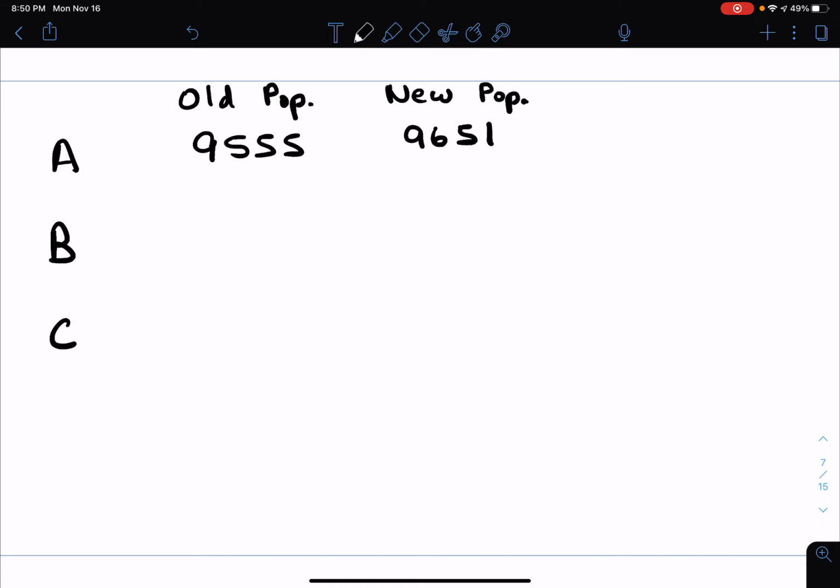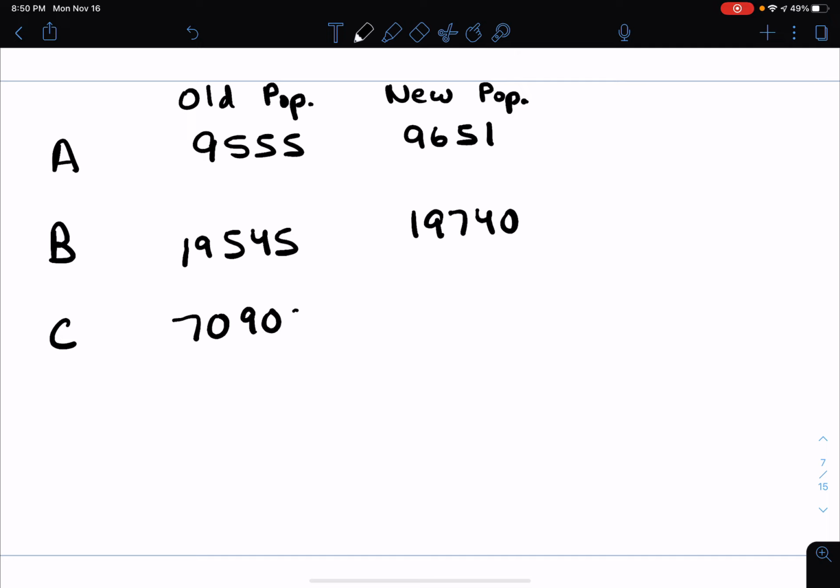State B had 19,545, grew to 19,740. State C had 70,900, and it stayed the same, 70,900. Put little commas in there so we can see those thousands.